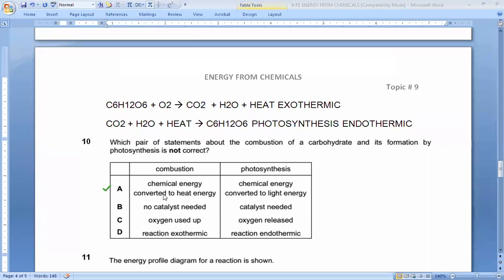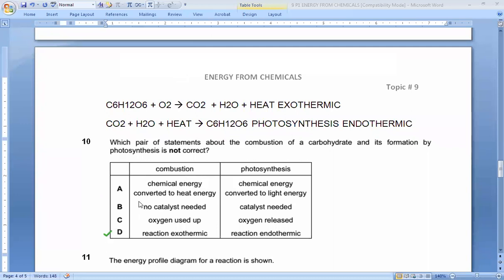Chemical energy converted to heat energy, that is why heat is released, and in photosynthesis chemical energy converted to light energy. One thing. Question number 10, option D. Combustion is exothermic or photosynthesis endothermic? No. The correct answer is D, not A. D is the correct answer.